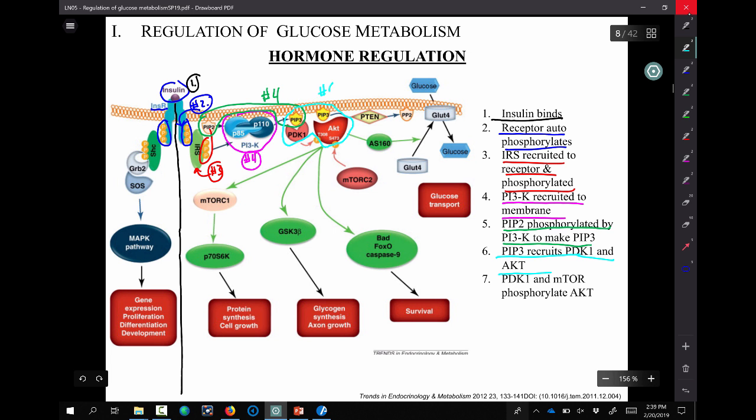Number 6. If you're wondering, wait, I got screwed up here. This should be number 5, sorry. Number 5, there we go. If you're wondering what PDK stands for and AKT stands for, PDK stands for phosphatidylinositol dependent kinase. AKT stands for nothing that you really want to know because it's not helpful at all.